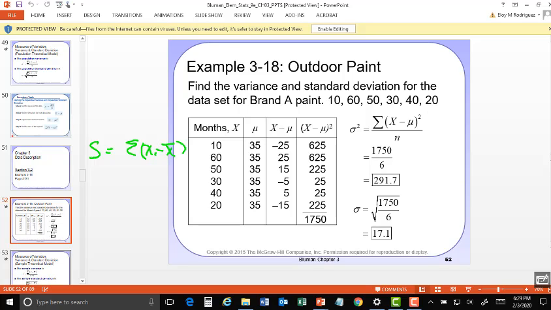Because some could be negative, we square it so we don't run into that problem. Then we divide by n minus 1 and take the square root. That's exactly this sort of thing, except we replace x bar with mu, and we go up to capital N instead of little n, because we're in the population.